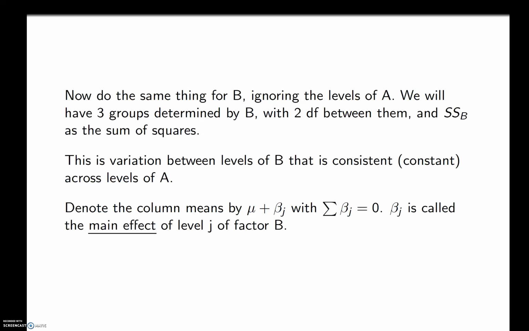So this is a very simple way to look at it. But again, just like before, this would say that each level of B could be modeled by mu plus beta for B, and the effects all sum to 0. And we would call this the main effect for B.